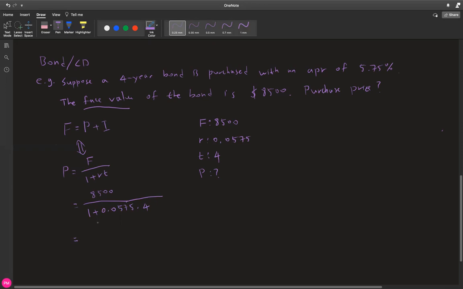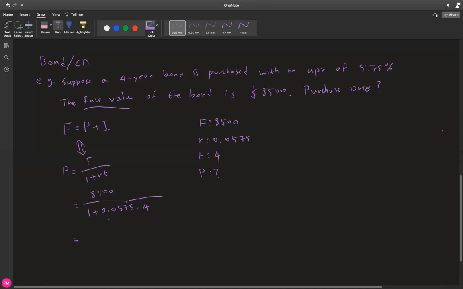I personally think it's easier to go by order of operation. So you simply do the multiplication in the denominator first, and then you add the 1, and you simply divide the $8,500 by whatever you found earlier.